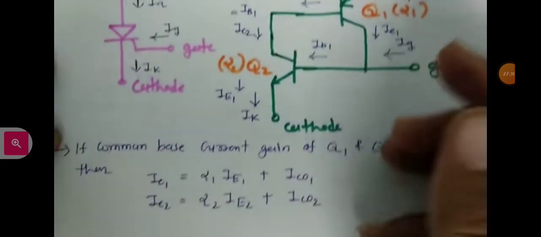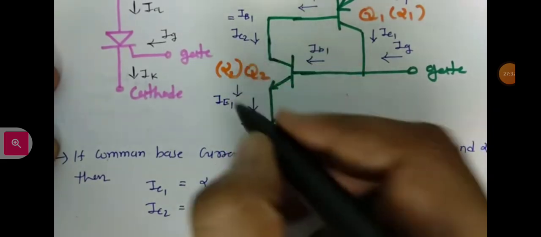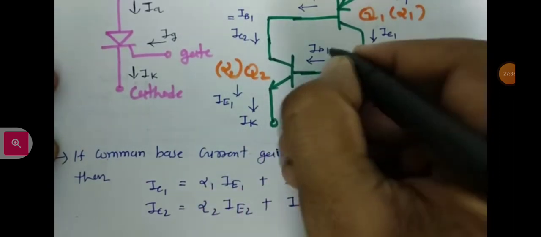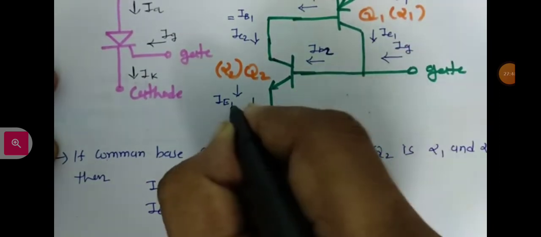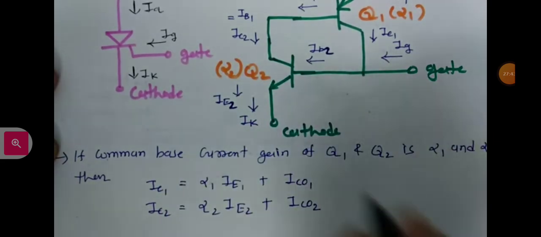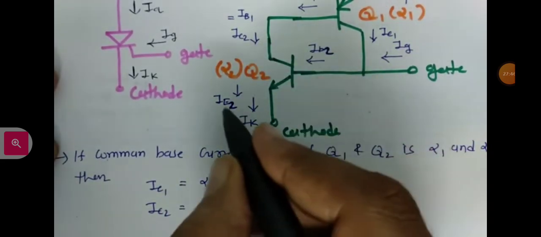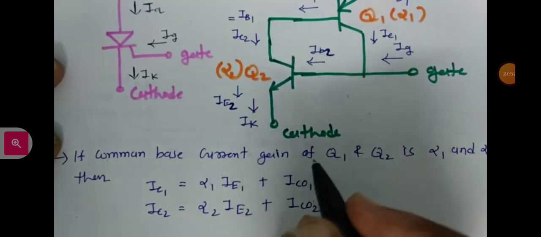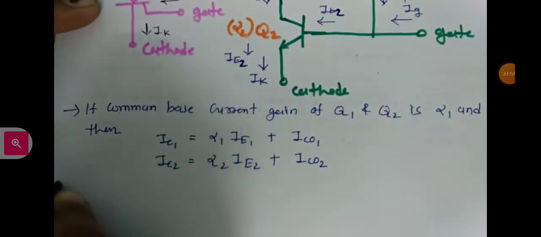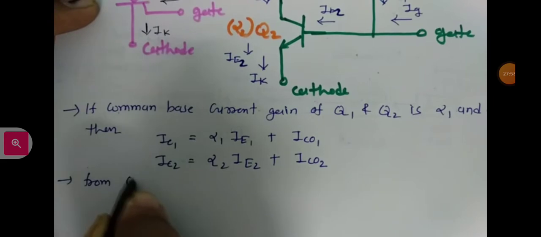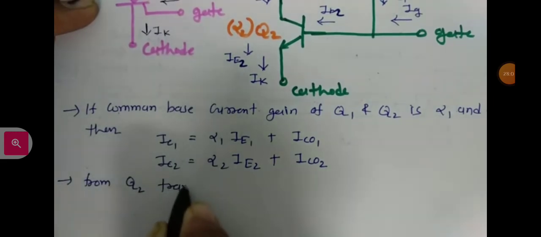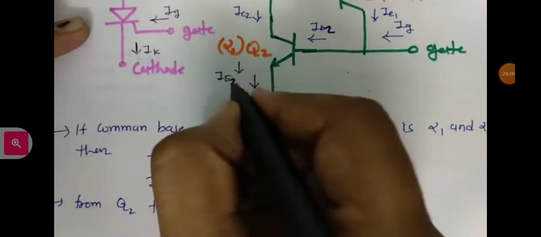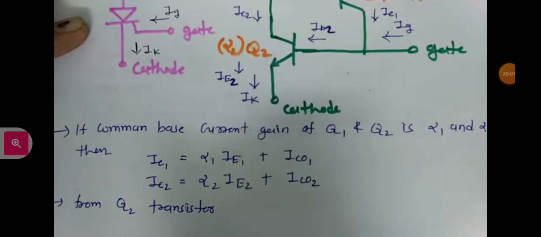If I look at this Q2 transistor, one can say this is IB2 and this is IE2. So from the Q2 transistor, IE2 equals IC2 plus IB2.